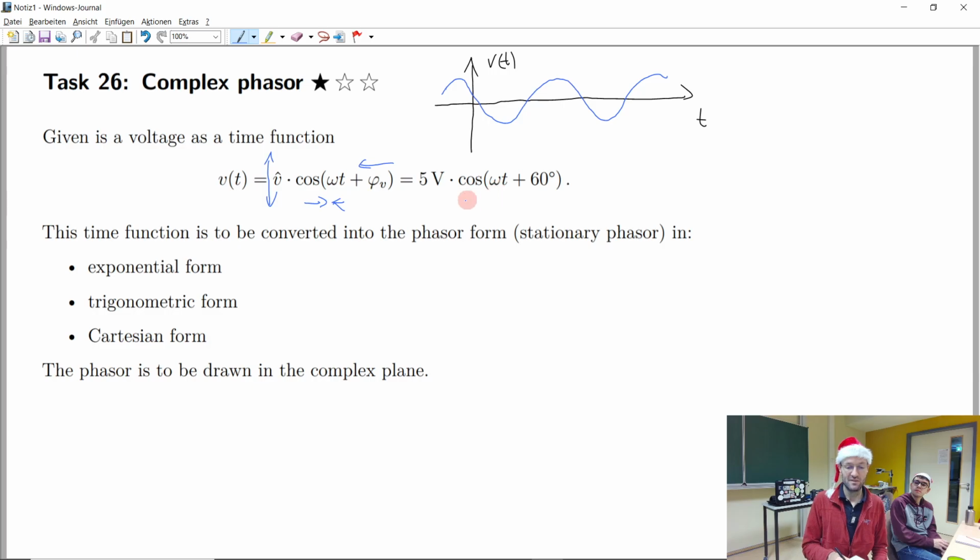Okay, so the idea of this phasor now is, as said, we need to have one phasor that includes amplitude and phase. And all numbers that you usually calculate with in mathematics, they have just one value.